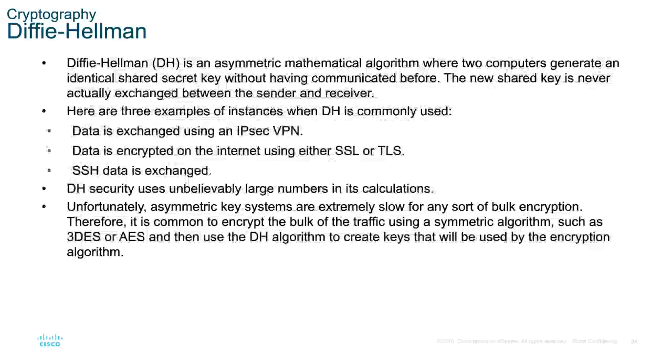A new shared key is never actually sent between the sender and receiver. They're generated on the fly. Now, as we've already said, these algorithms create keys, and with the pairing of IKE, we can share these keys over the connection in a secure manner.